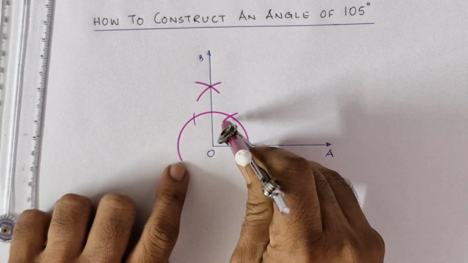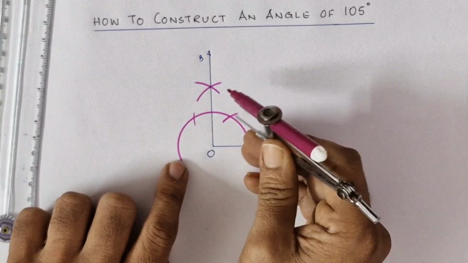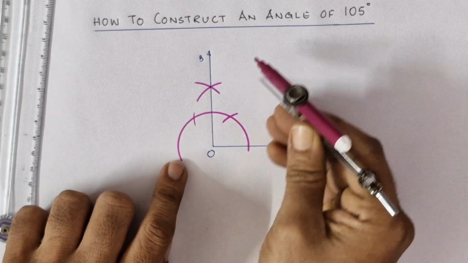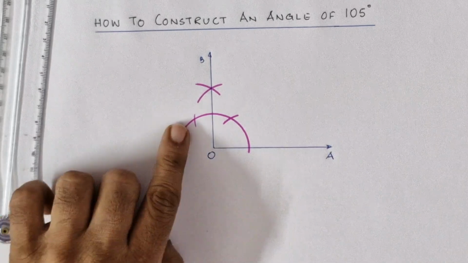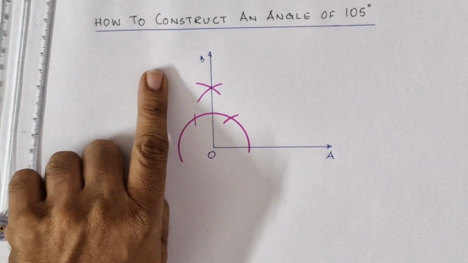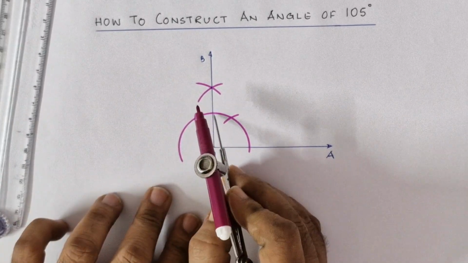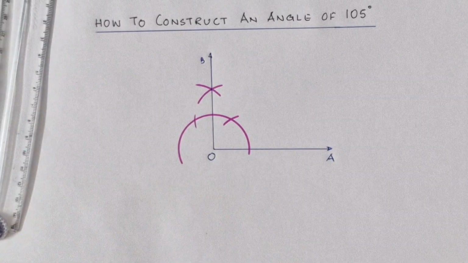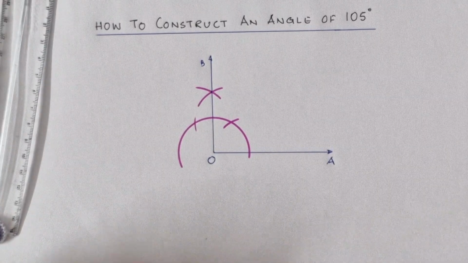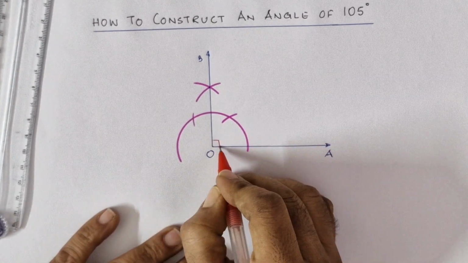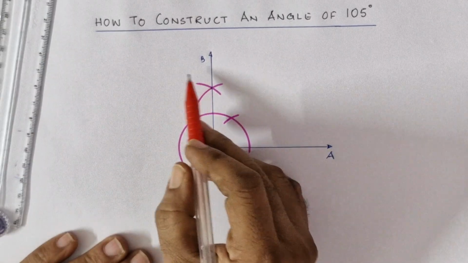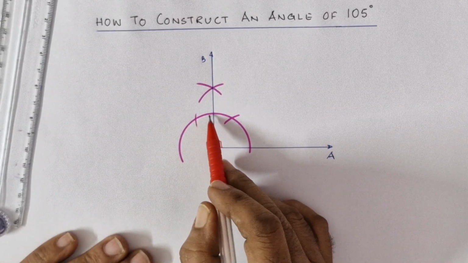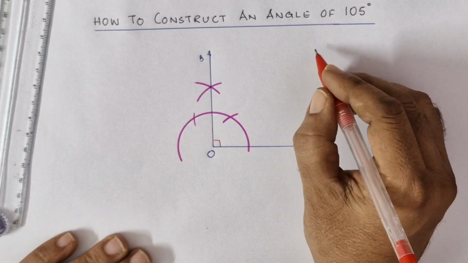If I join O and this particular point, you will get a 60 degree. And obviously if you join this point and O, you will get 120 degree. So this is 90 degree, and if you join this point and this point, you will get 120 degree. So what is the difference between this and this? 30 degree.